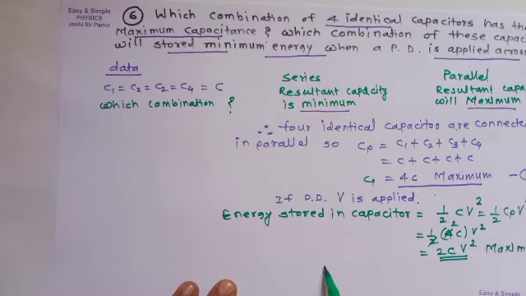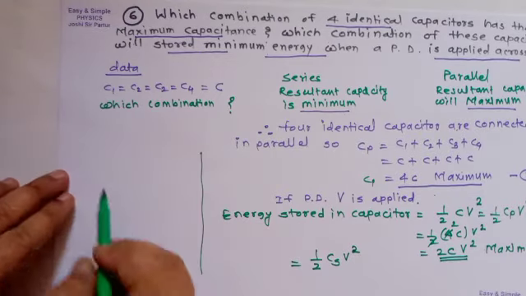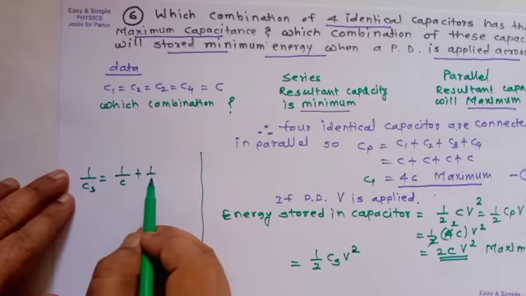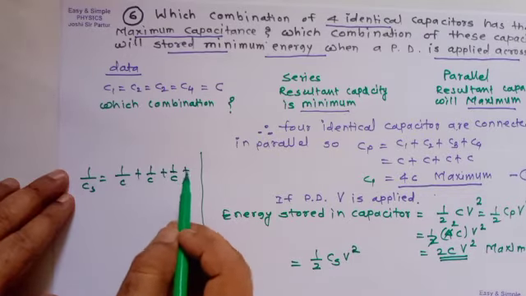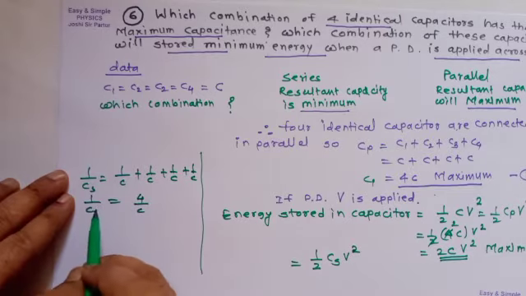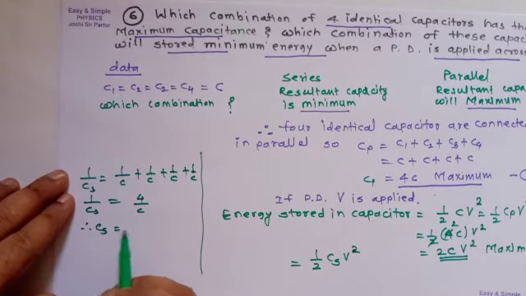But if we use series combination, energy stored will be half Cs V square. So for series combination, 1 upon Cs is equal to 1 upon C plus 1 upon C plus 1 upon C plus 1 upon C, that is 4 upon C. So for series combination, Cs is equal to C by 4.